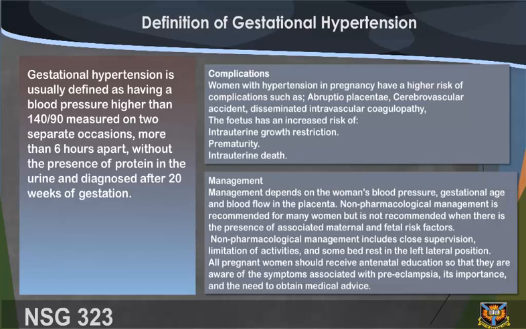Women with hypertension in pregnancy have a higher risk of complications such as abruptio placentae, cerebrovascular accident, disseminated intravascular coagulopathy. The fetus has an increased risk of intrauterine growth restriction, prematurity, intrauterine death.